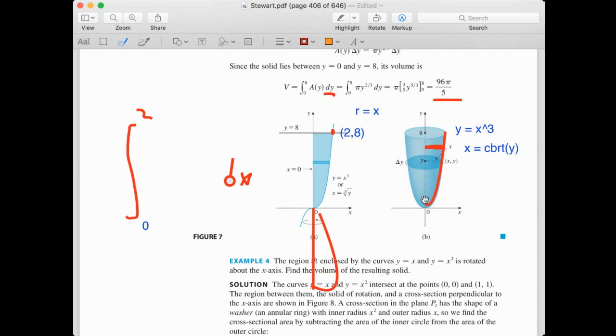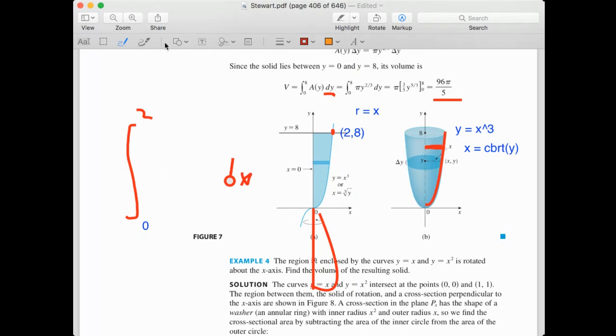This one we're cutting along the y-axis, and we add the area of those horizontal circles. Here we're fixing the x direction, 0 to 2, cutting along the x-axis. Then we add up the area of the vertical circles.